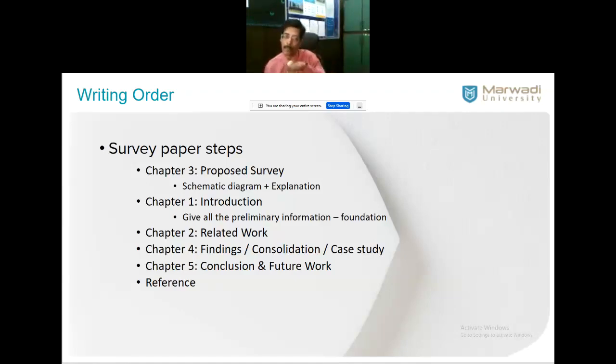I am referring to this while combining inputs from management research, and maybe STEM subjects also, like science, technology, engineering, and mathematics. Some variations will be there in these two approaches. By and large, things are common in what I'm presenting here. Then go to conclusion and future work and references, as I told you, right?